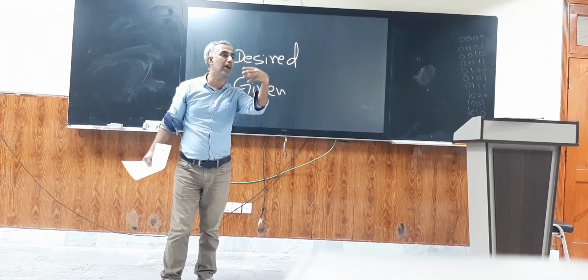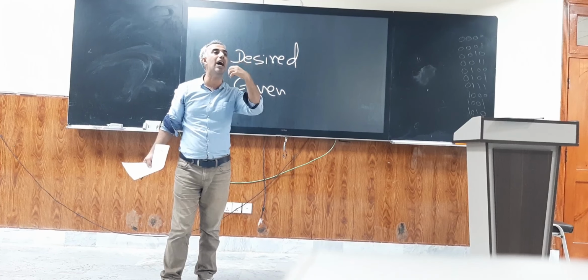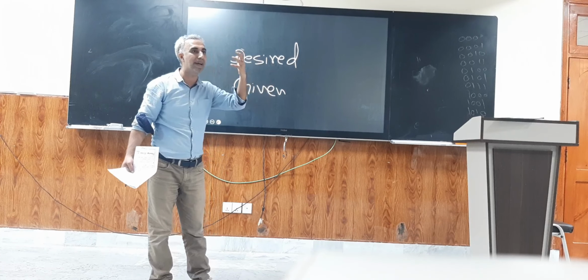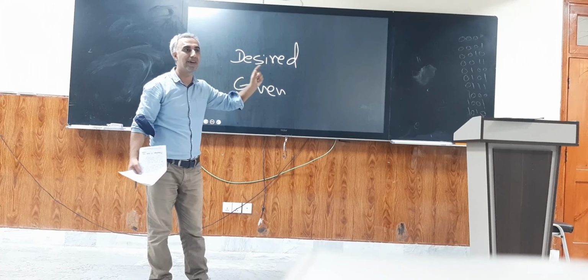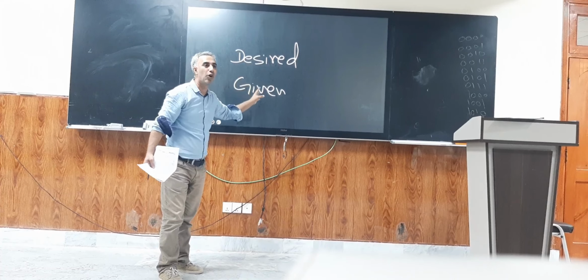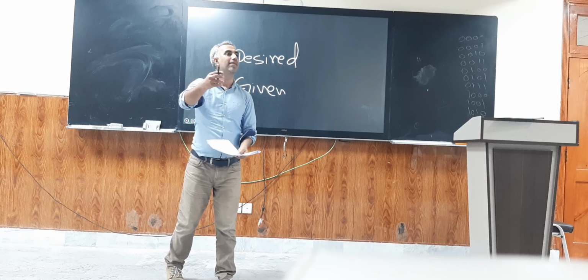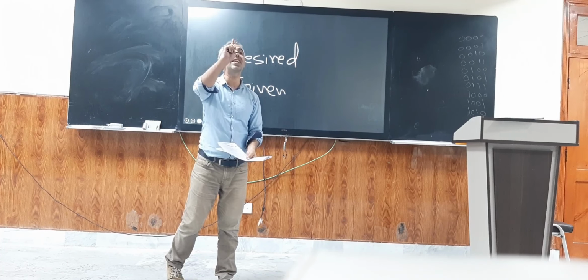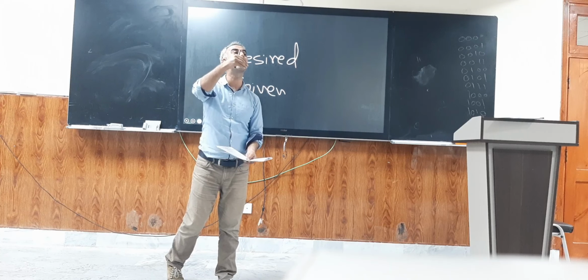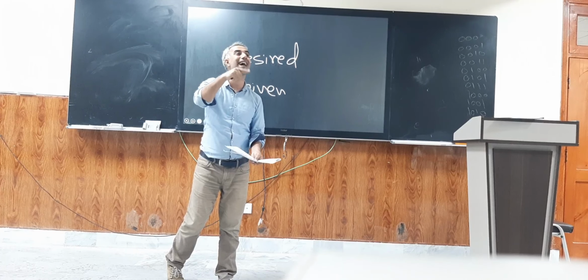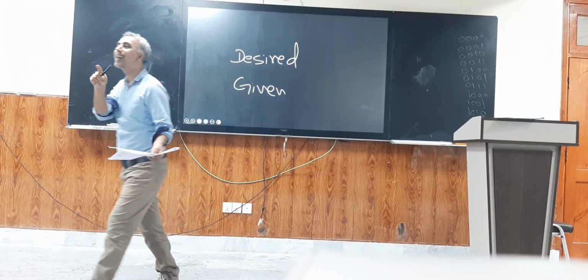If you want to get 4 GPA, you need to get 100 out of 100, or the maximum score. Given is 4, desired is also 4, but desired depends upon your efforts. It is not exactly 4.